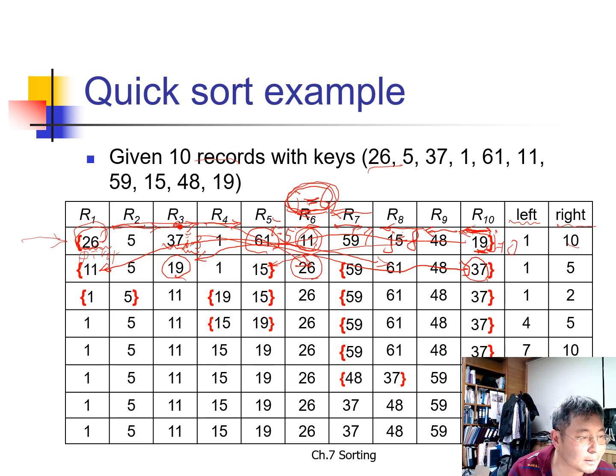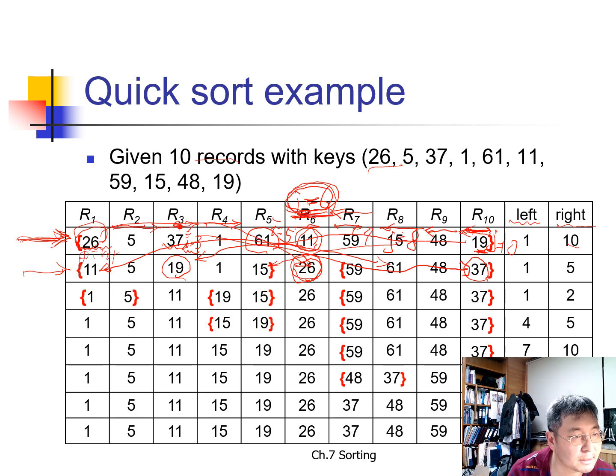Okay, so the result of the first phase of quick sort becomes this one. 26 was the pivot value of the previous phase, and then the location of 26 is determined by the J value.